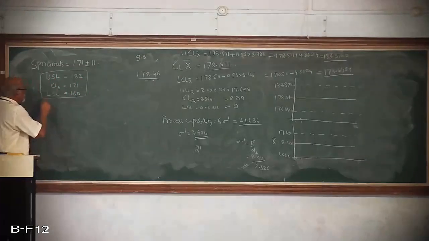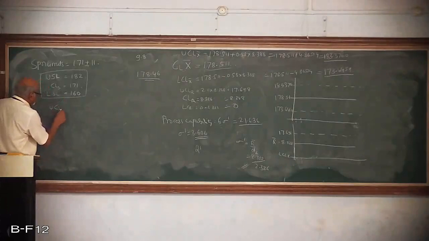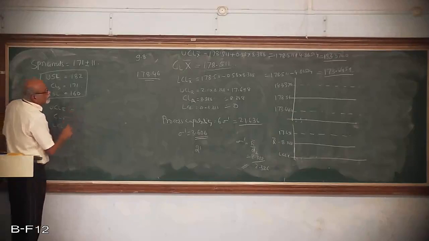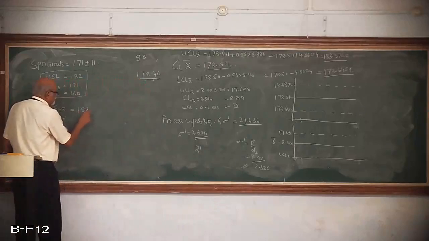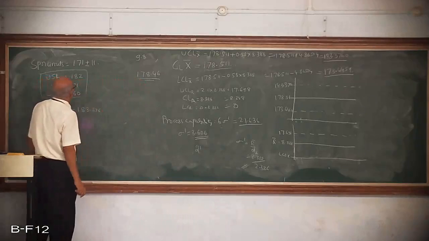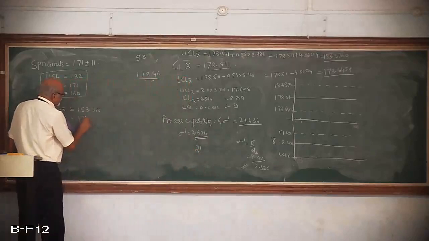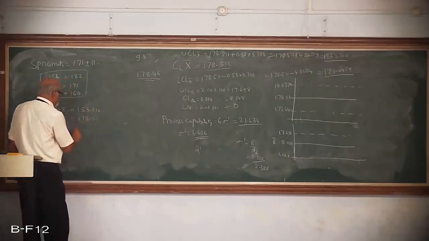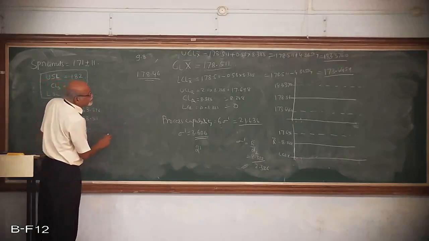And if we look at the control limits, we have found the upper control limit, central line, and lower control limit: the upper control limit is 183.376, the center line is 178.51, and the lower control limit is 173.64.